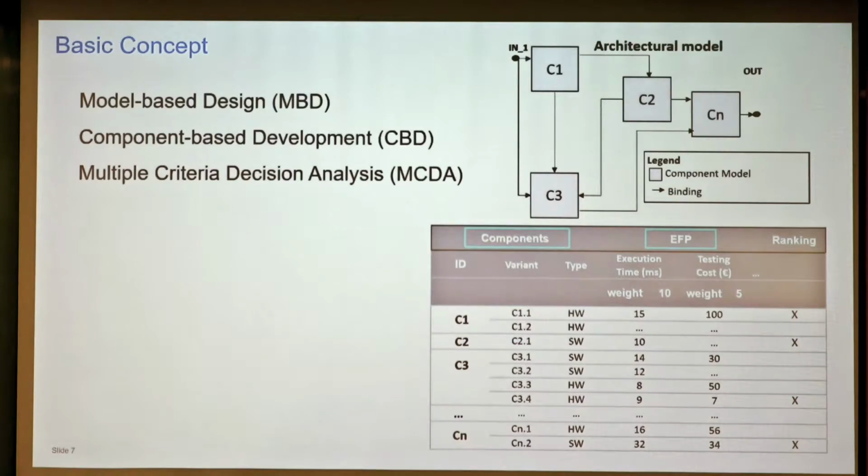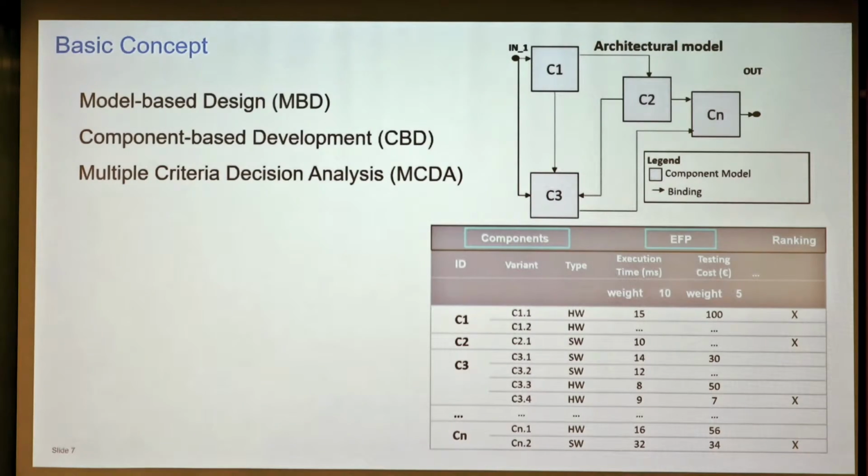And lastly, since we said that we want to deal with many extra functional properties and an infinite set of alternatives, we use multi-criteria decision analysis, which is a sub-discipline of operational research that provides methods that are able to perform a decision using many criteria in a structured and transparent way.